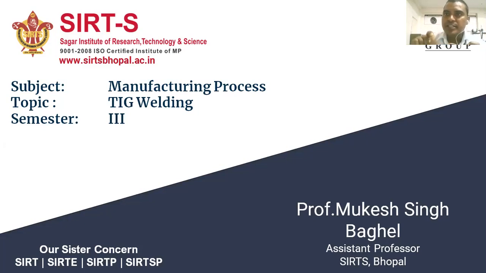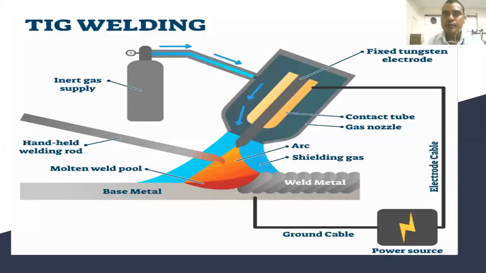especially TIG welding. My dear student, TIG means tungsten inert gas welding. In this welding we are using a non-consumable tungsten electrode. Let's explain TIG welding with a diagram. You can see in this figure the arrangement of TIG welding.